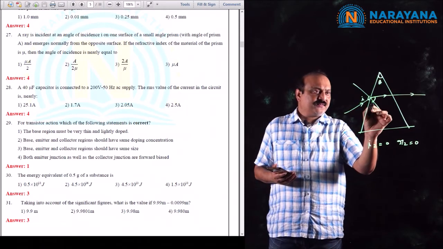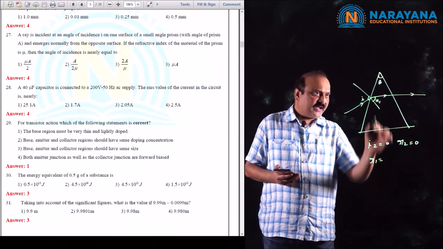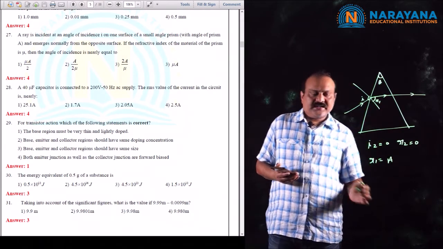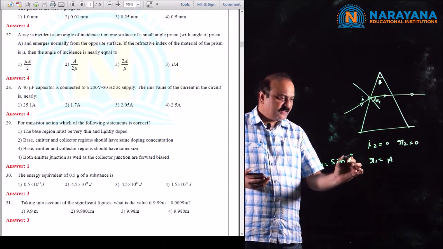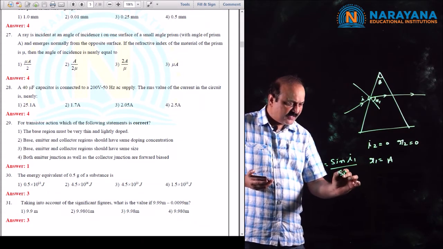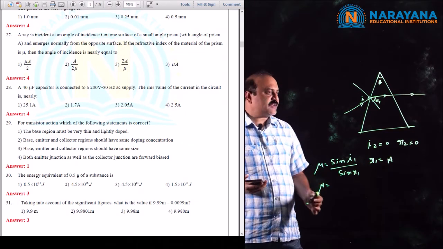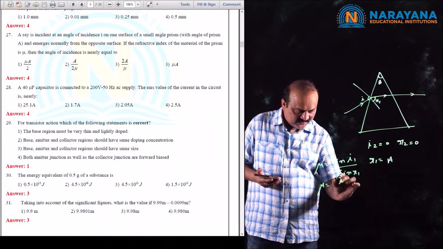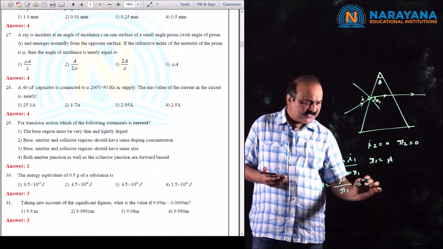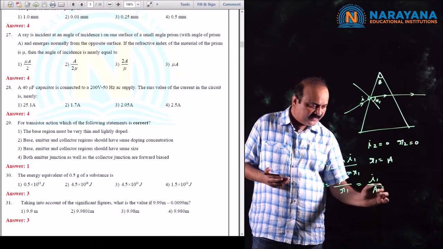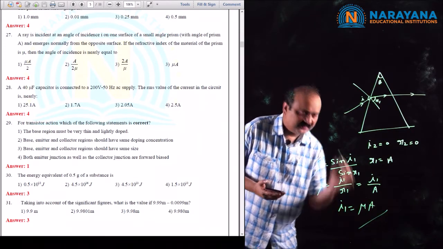And therefore, angle of refraction at the first surface r1 is taken as angle of the prism A. Then from Snell's law, mu is equal to sin i by sin r, that means sin i1 by sin r1. So, for a small angle prism, sin i1 can be taken as i1 and sin r1 can be taken as r1. Therefore, mu is equal to i1 by A. Then angle of incidence i1 is equal to mu into A.